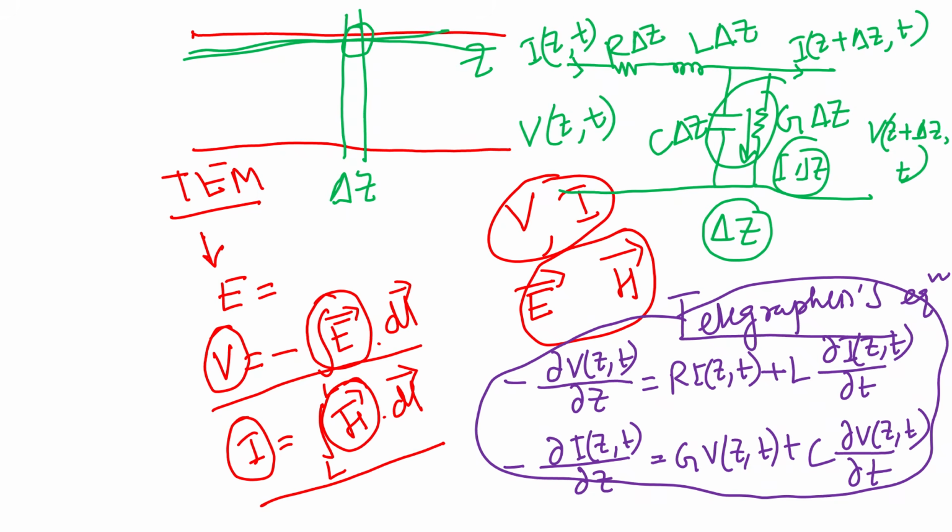And now our effort will be to solve these two equations to find an expression for voltage and current. Now if we assume harmonic time dependence of voltage and currents in the telegrapher's equations, then we can rewrite them as d square Vs upon dz square minus gamma square Vs equals 0.